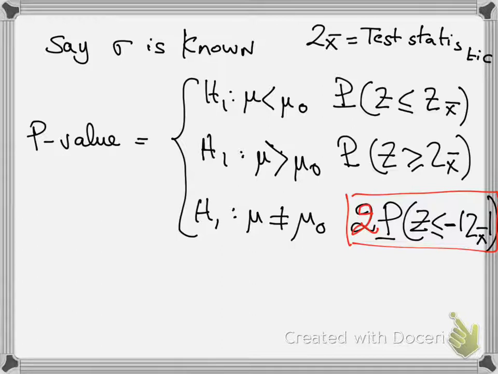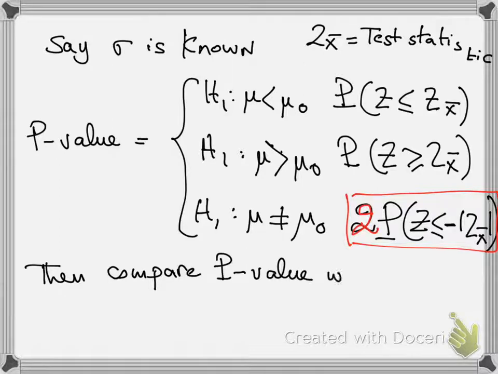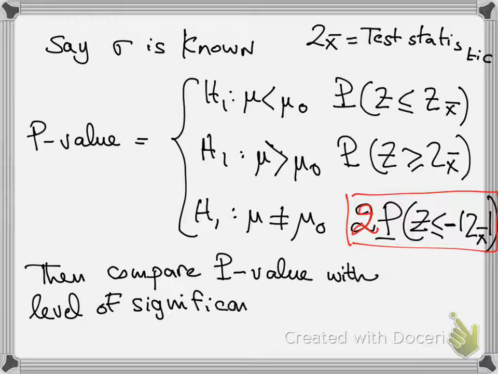So then we compare the p-value with the level of significance. This level of significance alpha is given in the problem.